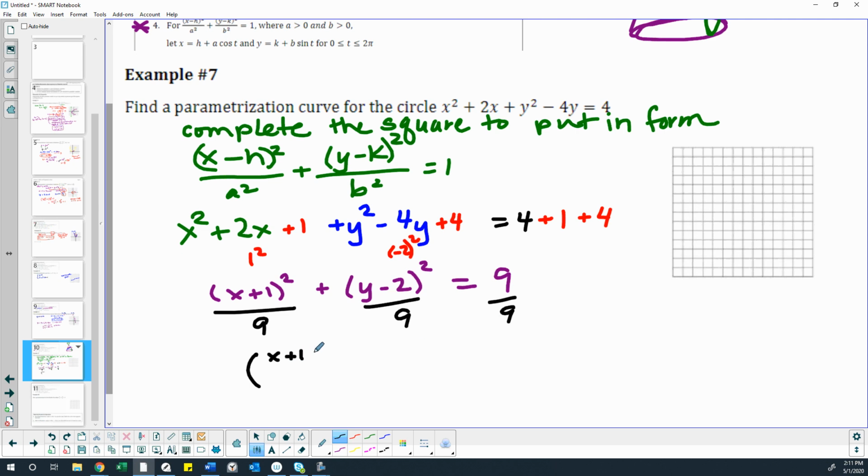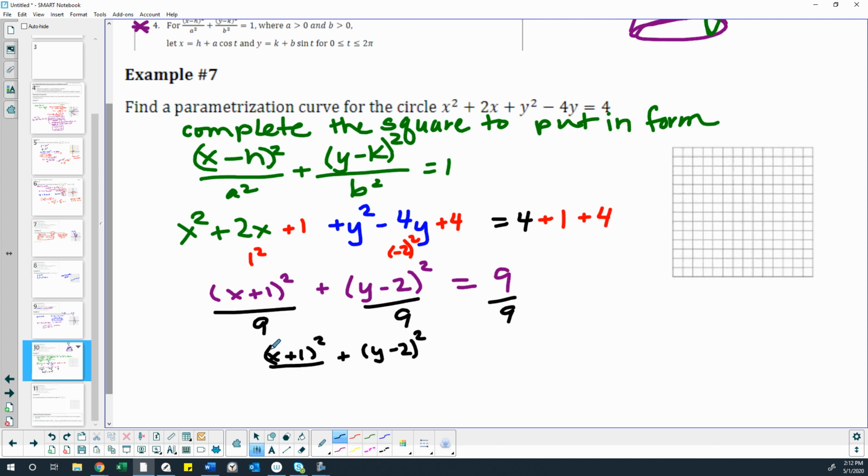So we're going to do (x plus 1) squared over 9. I don't know why I have that extra parenthesis there. And (y minus 2) squared. You know what? I'm going to rewrite this as 3 squared, that will make more sense.